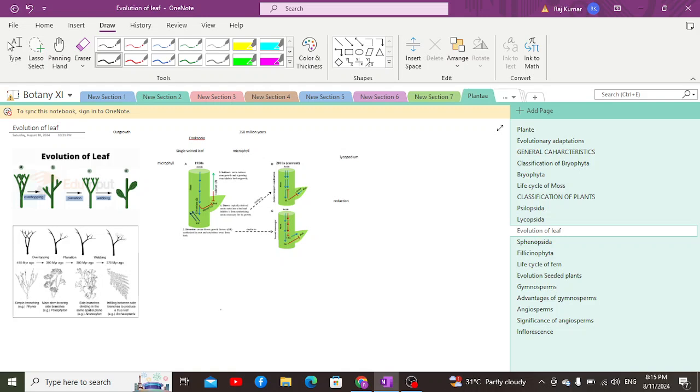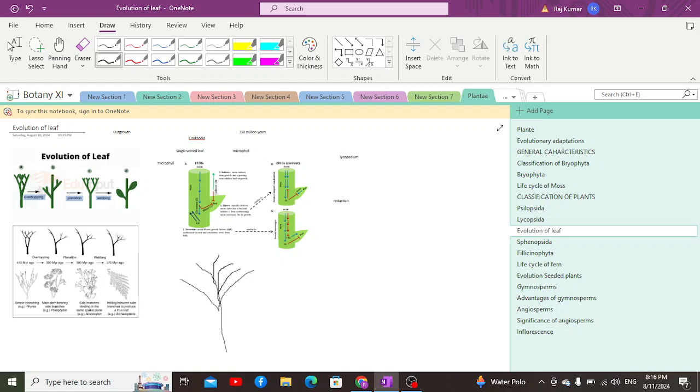It is told that previously plants had multiple branches of the same stem.